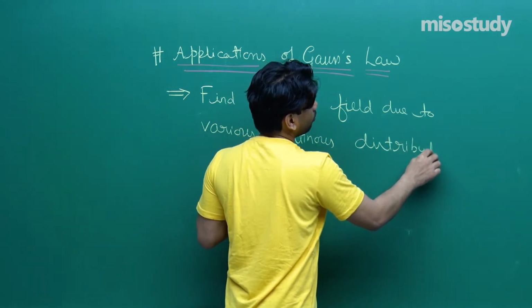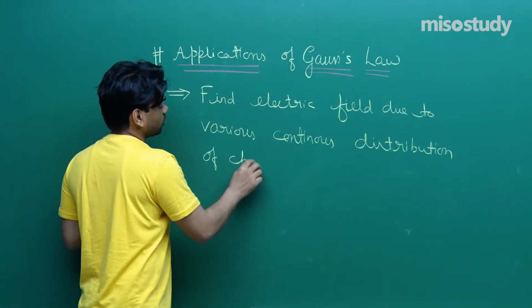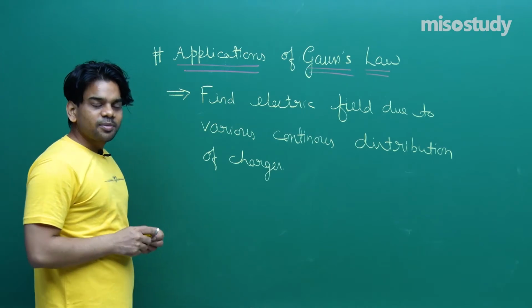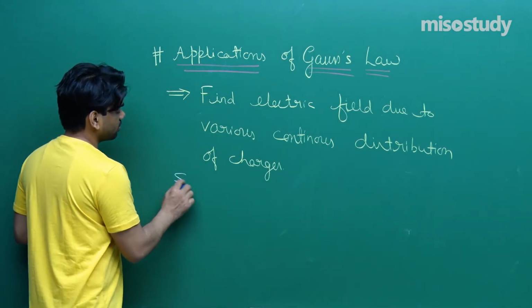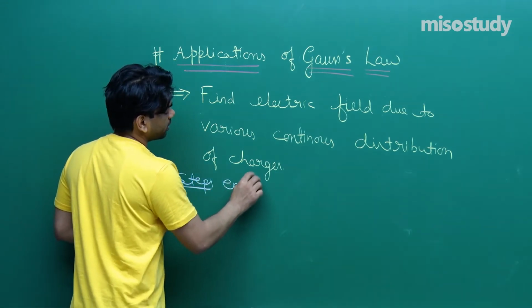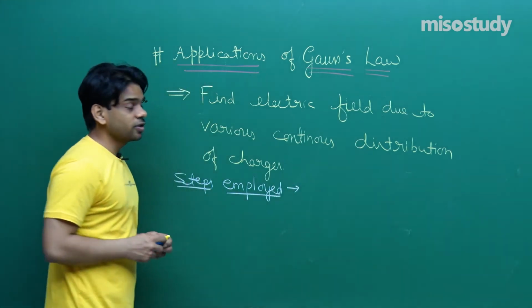Now, how will we be using it? The method, the steps employed, are very simple. These are the steps employed to find the value of electric field by using Gauss's theorem.